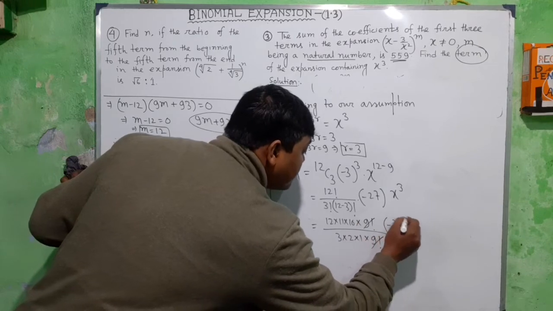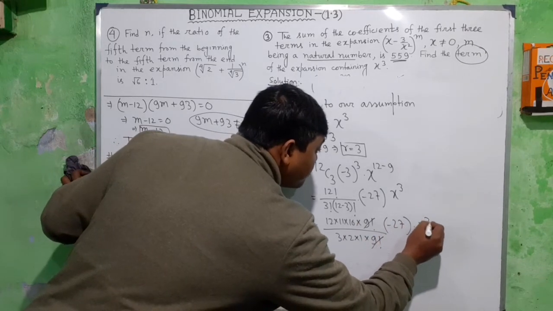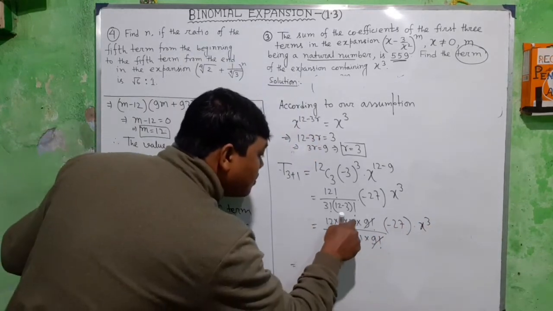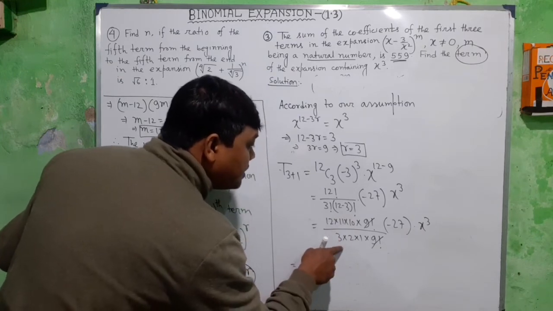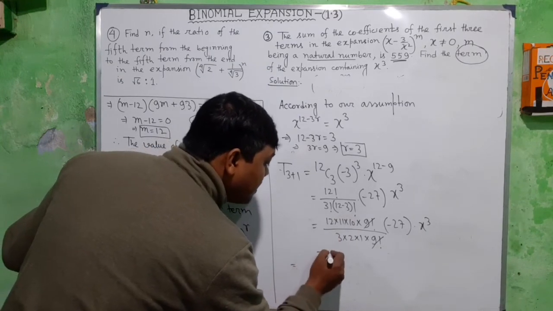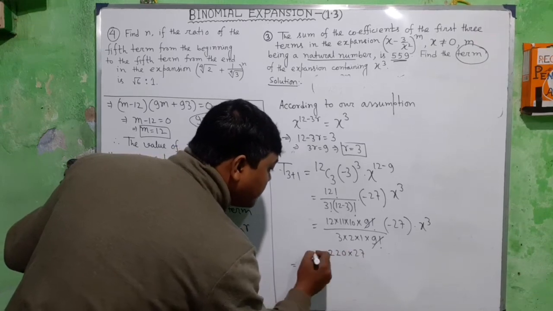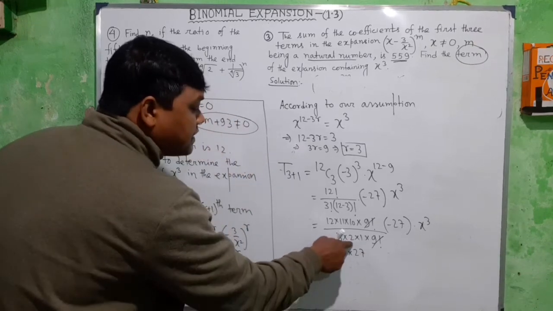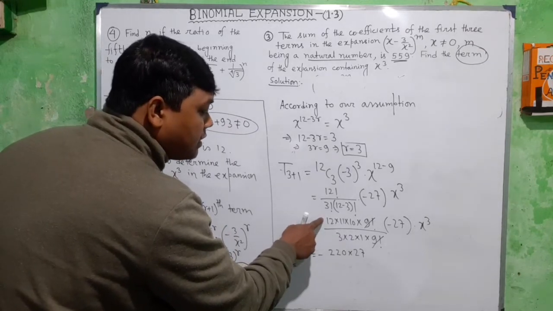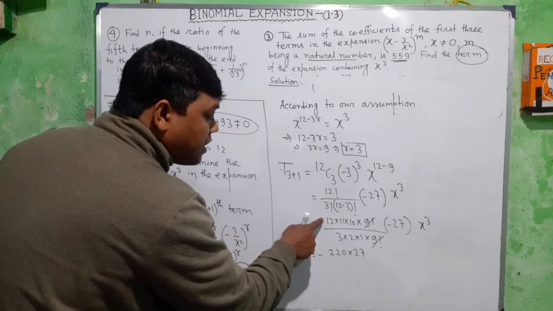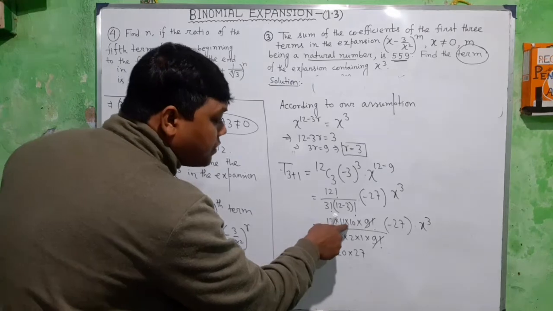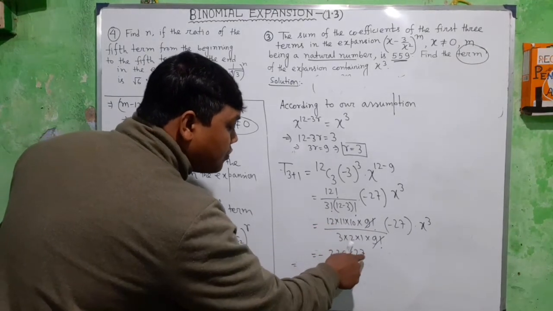Minus 27 into x cube. So 3 times 4 is 12, so 220 into 27, and the negative sign is present here.